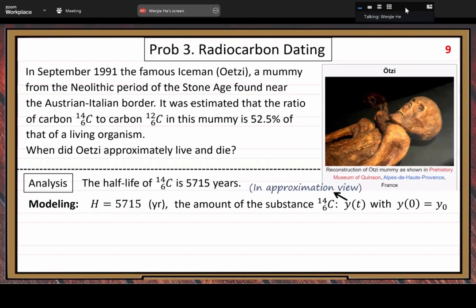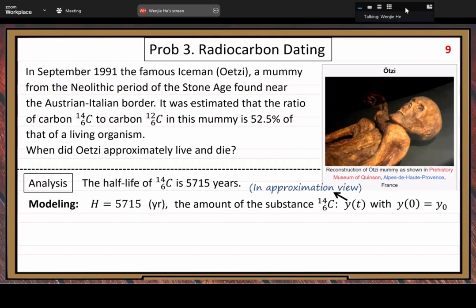And here, in order to do the estimate, we take an approximation approach, because it's very hard to do a very accurate estimate. So we try to make our estimate as close as possible, but sometimes we may need to ignore some little things.